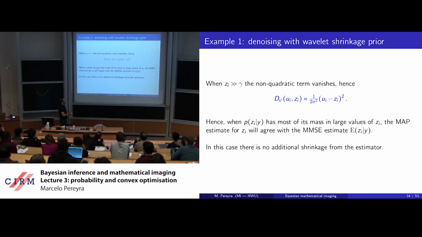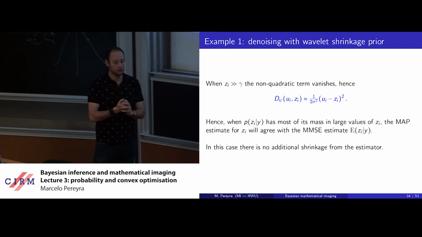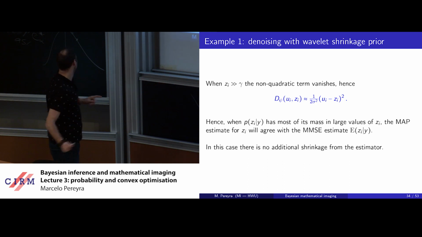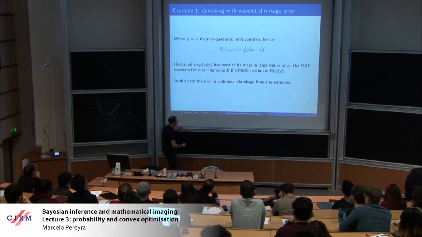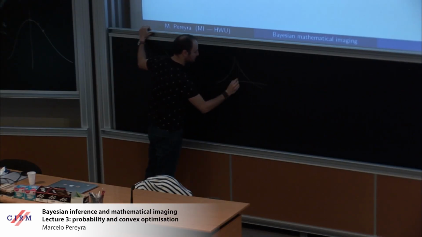So will the model promote sparsity? Here I call that promoting shrinkage. Will it promote sparsity or not? Well, not for large coefficients. You'll just estimate the posterior mean. It will promote a bit of shrinkage because my prior is going to behave a bit like this. So it's going to be centered around 0.